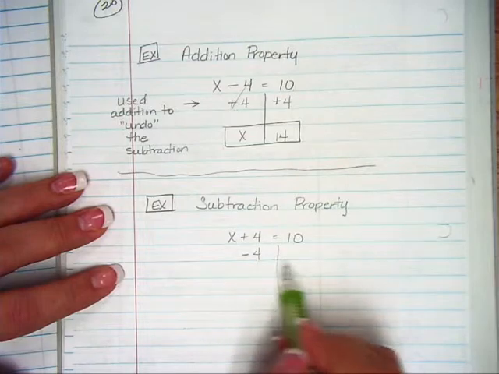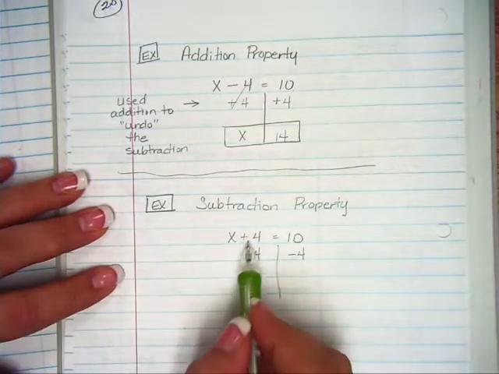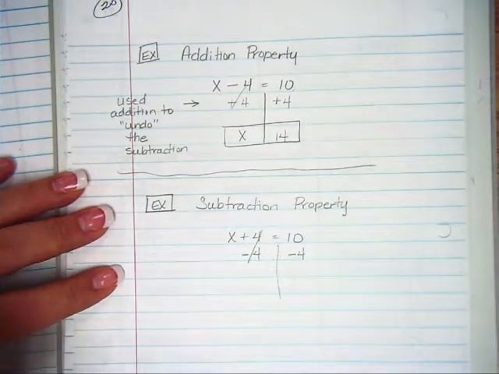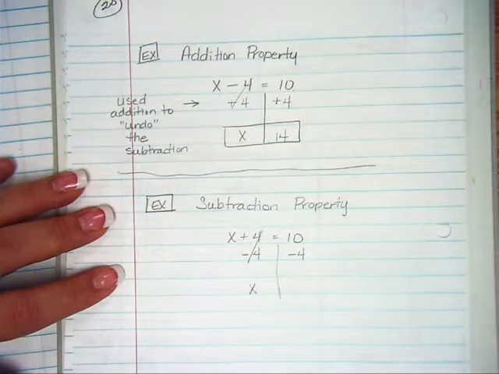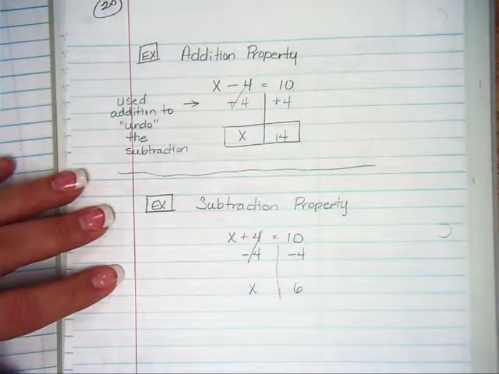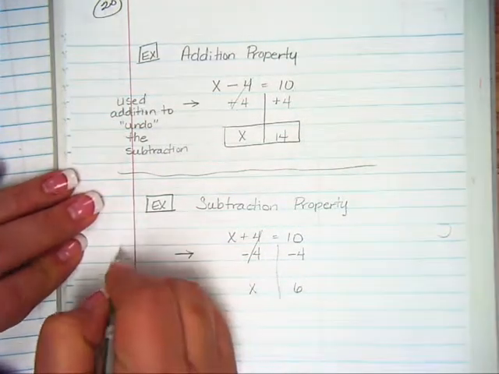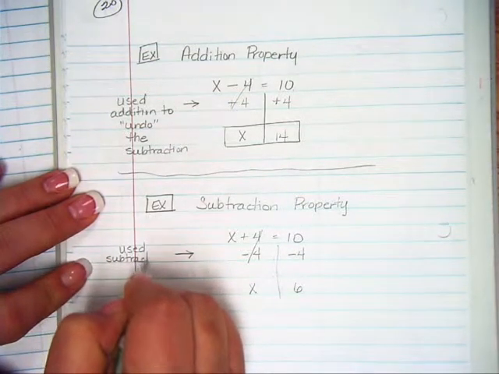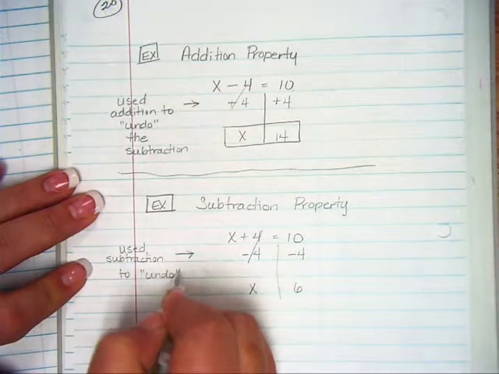If we subtract 4 over here, we've got to subtract 4 over there, right? When we add 4 and we take away 4, that ends up being 0, so we can just cancel it out. All we're left with is our x. What are we left with on the other side? Our 6 that we knew went there anyway. But now you've used the subtraction property. So right here is where you used subtraction to undo the addition.